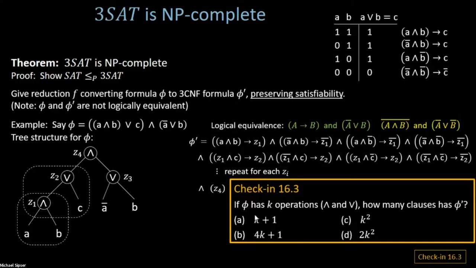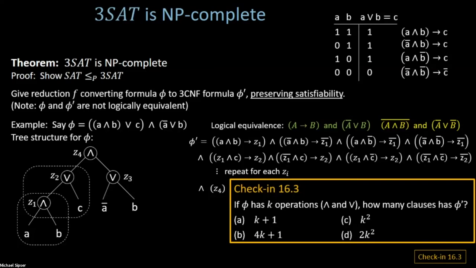Yeah, the correct answer is 4k plus 1, because each one of these operations is going to end up being a row in this picture. Each operation is going to have a variable associated to it, and it's going to become a row in this picture.